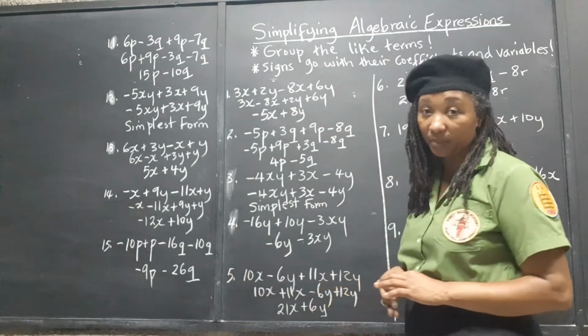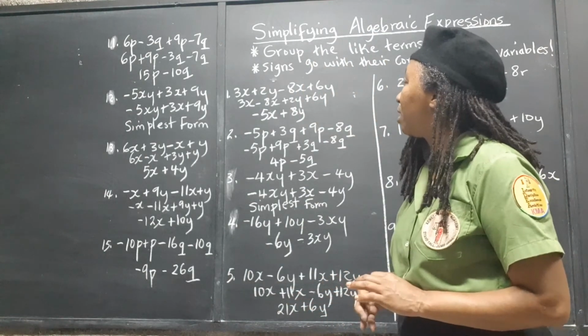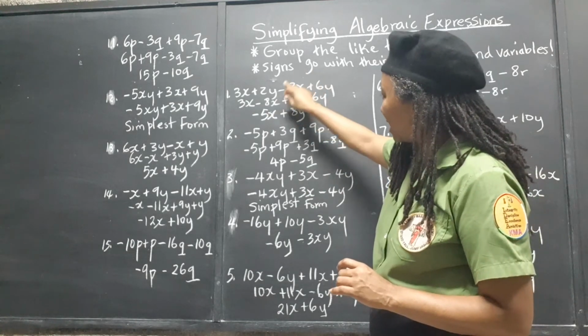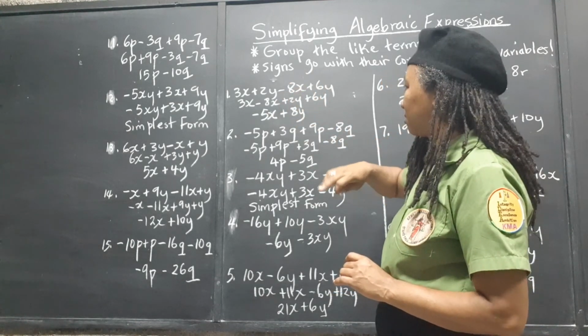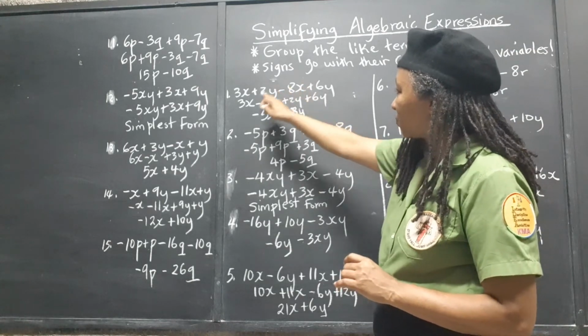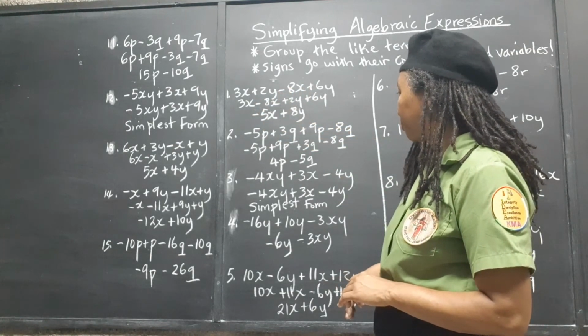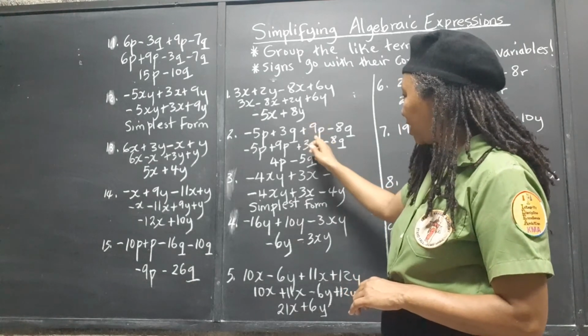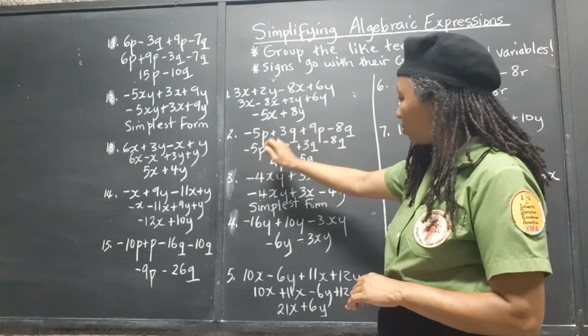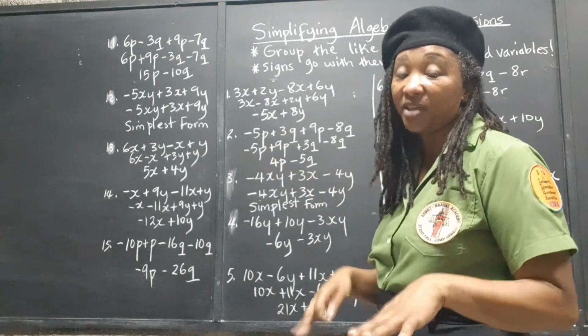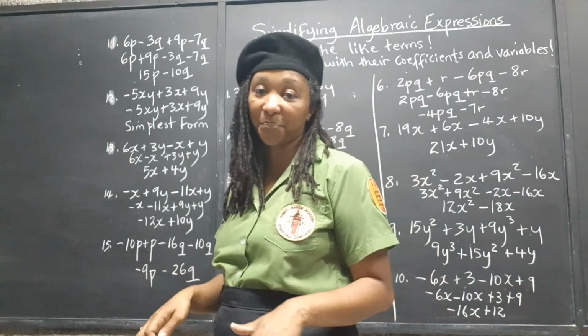Big, big, big trouble. So if we're moving the 8x, we'll remember it's a negative 8x. We're moving it and we're putting it with the 3x, it's a negative 8x, right? We're moving the 9p, it's a positive 9p, so we carry the sign with it. They like to take their signs with them.